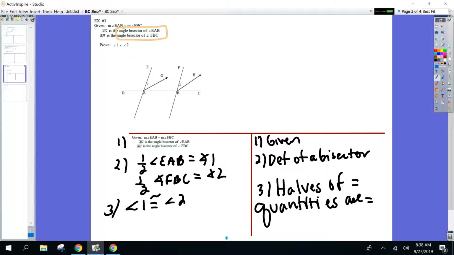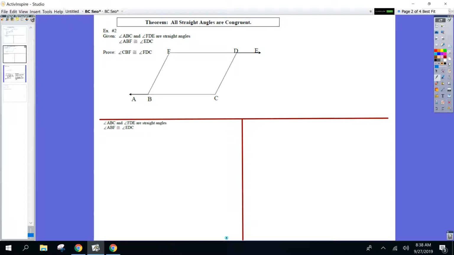All right, let me go back to finish number 2, or start it. So go ahead, get your statements and reasons set up, mark your diagram any way you want to.